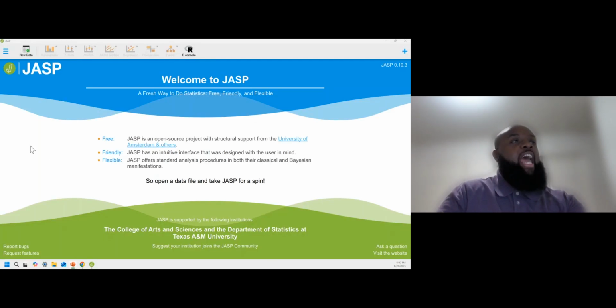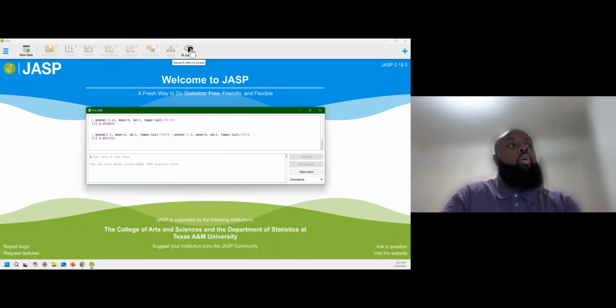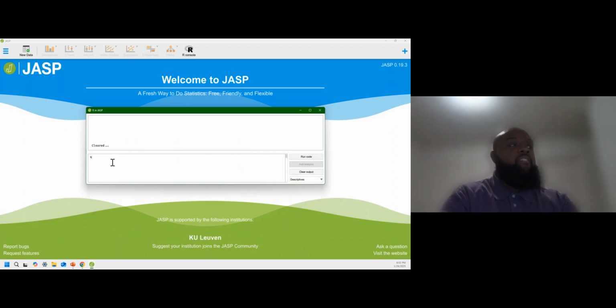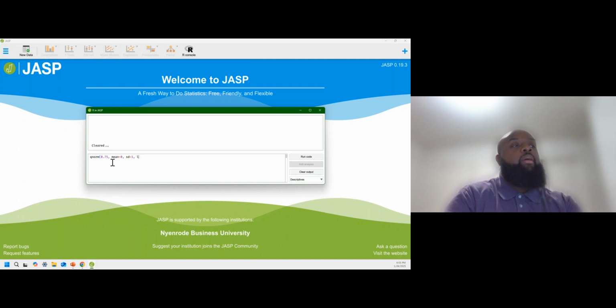So we're going to go to JASP. I have my R console already up there. I'm just going to clear out my output. And now I'm going to write that function. It is qnorm. I have 0.75. I have a mean of 0, a standard deviation of 1. And I'm going to have lower.tail equals true.